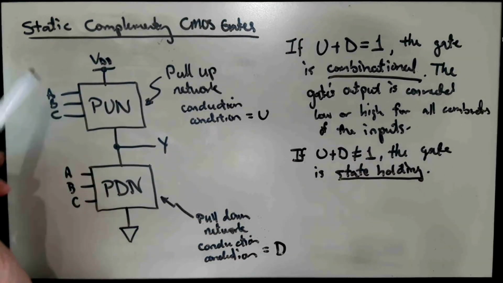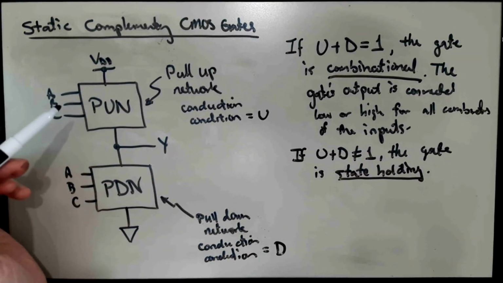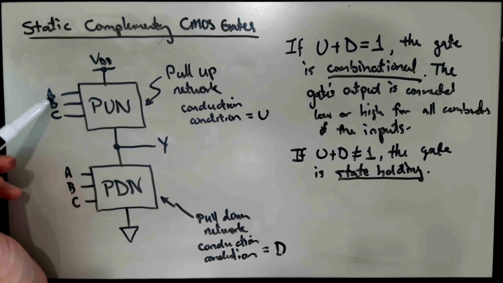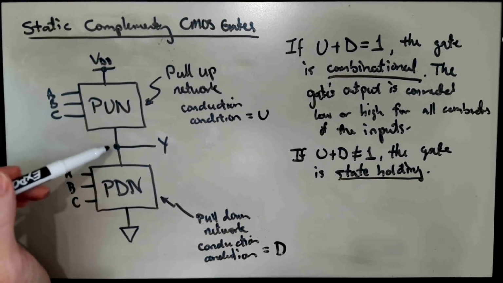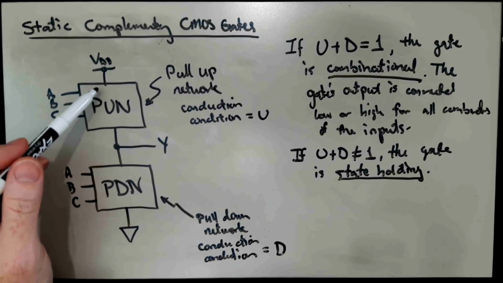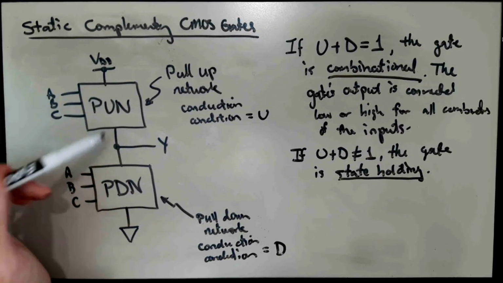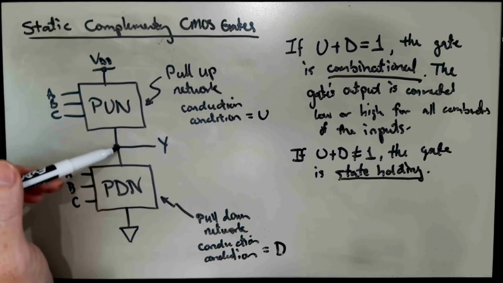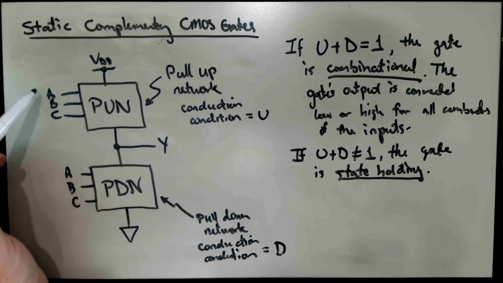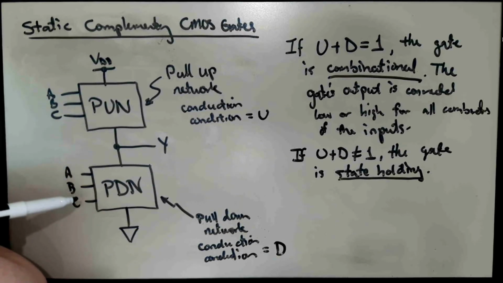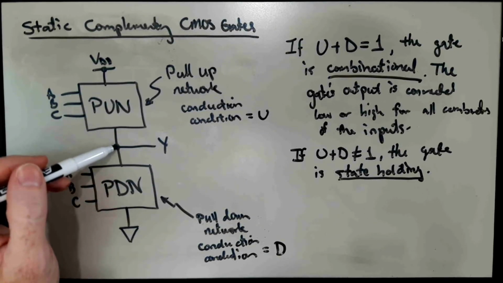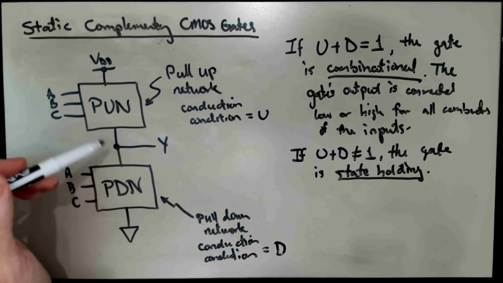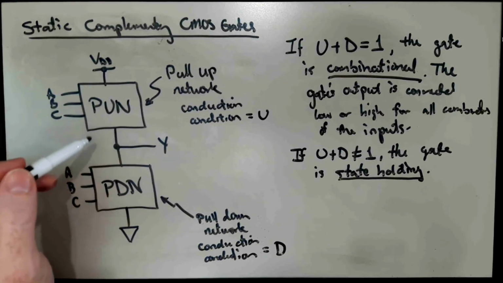Okay, that basically means that there are some conditions on the inputs, or some combinations of the inputs, where the output is not driven high by the pull-up network, and it's also not being driven low by the pull-down network, and so it has to maintain its state somehow. Okay, that's what state holding means. So there are some conditions or combinations of inputs where the output is not being driven by the pull-up network or the pull-down network. In other words, they're both disconnected.